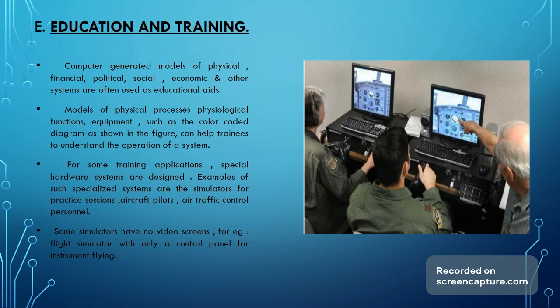By this technology, we can get an idea of how the system works in an animation view. For some training applications, special hardware systems are designed. Examples of such specialized systems are simulators for practice sessions of aircraft pilots and air traffic control personnel. Some simulators have no video screens, for example, a flight simulator with only a control panel for instrument flying.